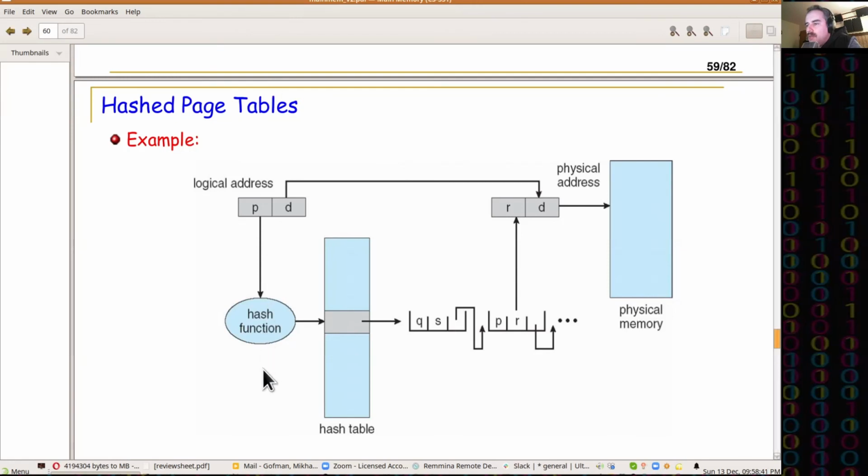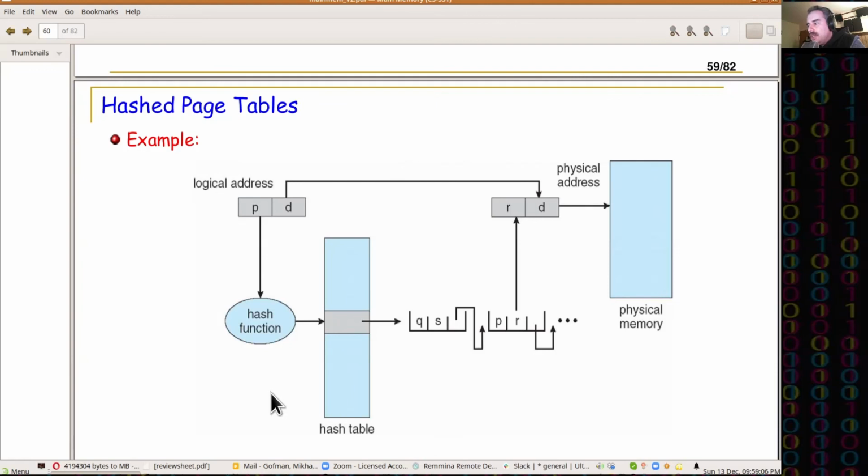So a hashed page table is basically an attempt to implement a page table as a hash table data structure. A hash table data structure is basically an array of linked lists where each element of the array is a linked list that represents all of the items that are mapped to that location.